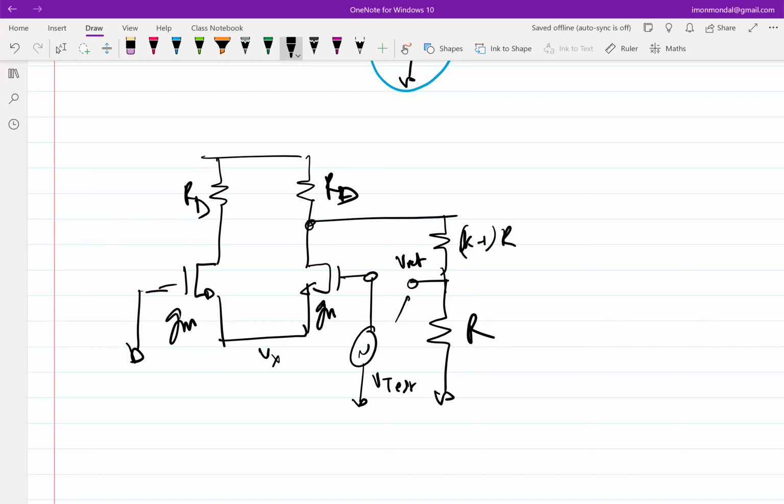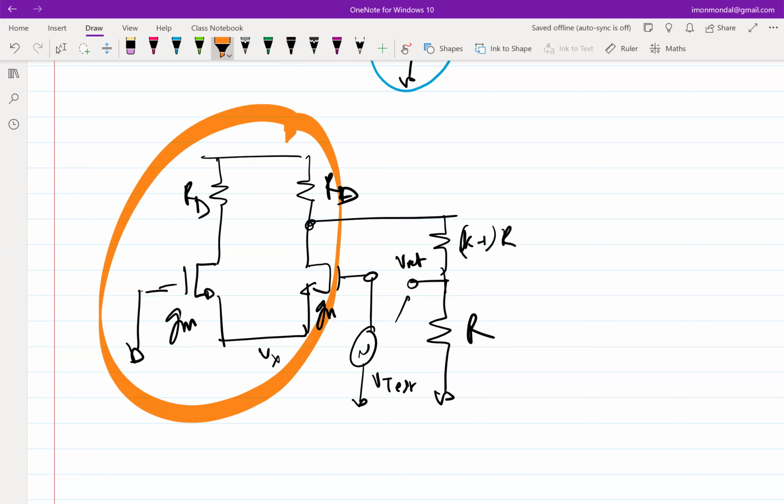And the simplification is I can use the Norton's equivalent of this diagram that we have derived in the previous class, right? It is much easier to deal with one current source and one resistance rather than two MOSFETs and two resistances, right?